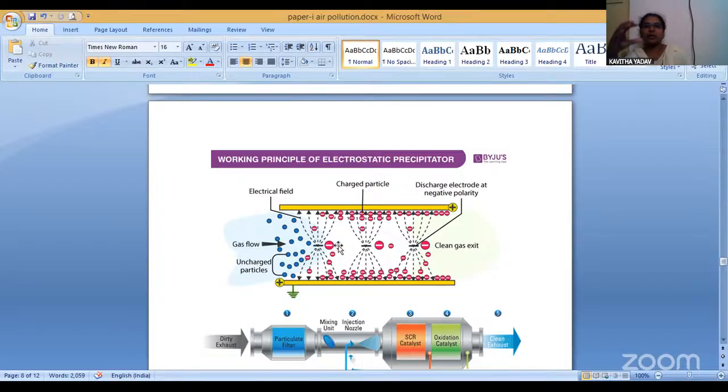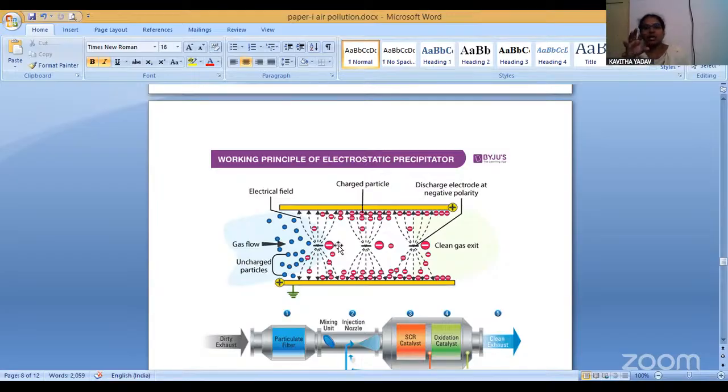Okay, for example, we can imagine this as an empty tube-like structure. The upper side of the wall can be charged positively. The lower side also can be charged positively. Then what will happen? We are going to create an electric field in that particular tube-like structure.